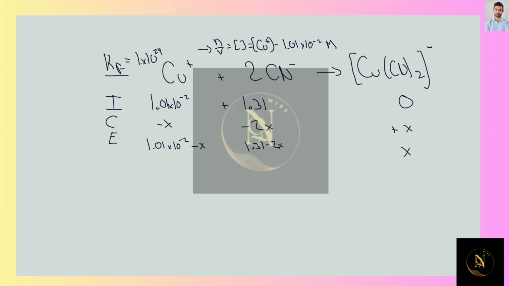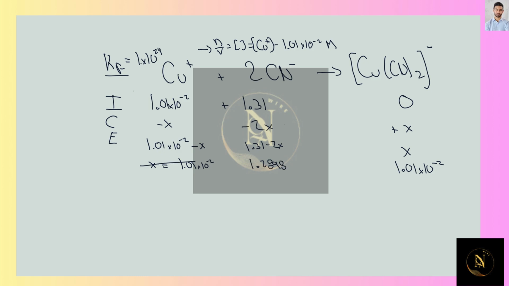So the first step is that we're going to assume that x is essentially the initial value for the concentration of copper 2 plus. So my initial concentration is going to be 1.01 times 10 to the minus 2. In this case, the result is going to be 1.2898.